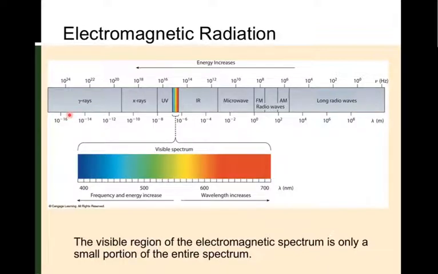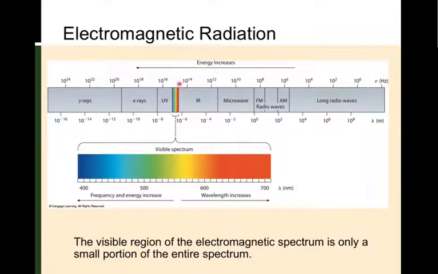So this scale goes from long wavelengths, more than tens of meters in long radio waves, right down to 10 to the minus 16 meters, so much less than a nanometer. As these wavelengths decrease, we also increase the frequency, so the number of waves per second, and this corresponds to an energy increase, and we'll see shortly how we can interrelate these things.